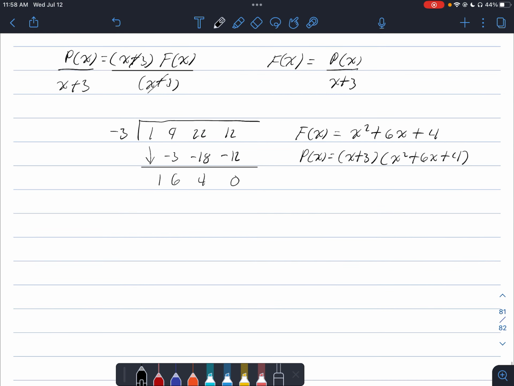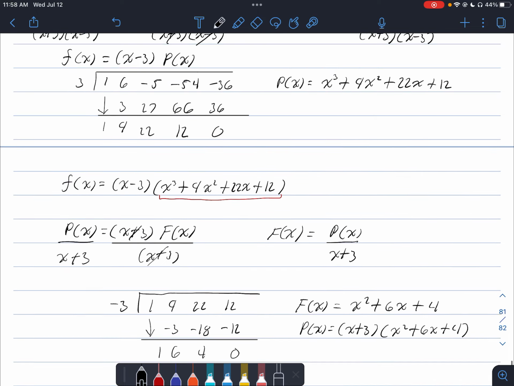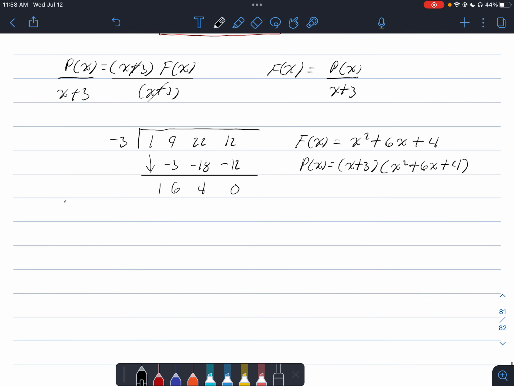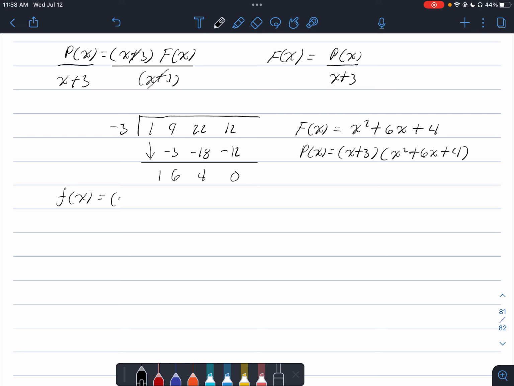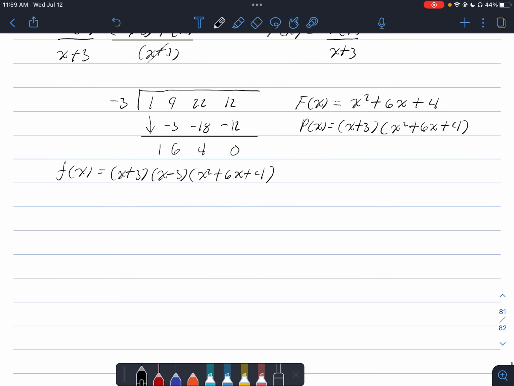Okay, and therefore we can write our initial function, little f of x, as x plus 3 times x minus 3 times x squared plus 6x plus 4. Okay, a lot of steps here, but we're getting there.